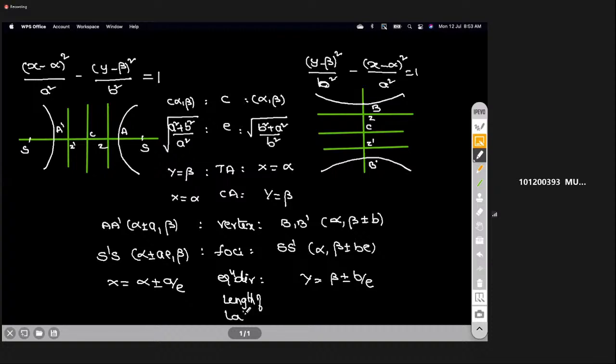I'm not defining it again, because that is the same definition only. Here it is 2a square by b; here it is 2a square by b. Please copy.